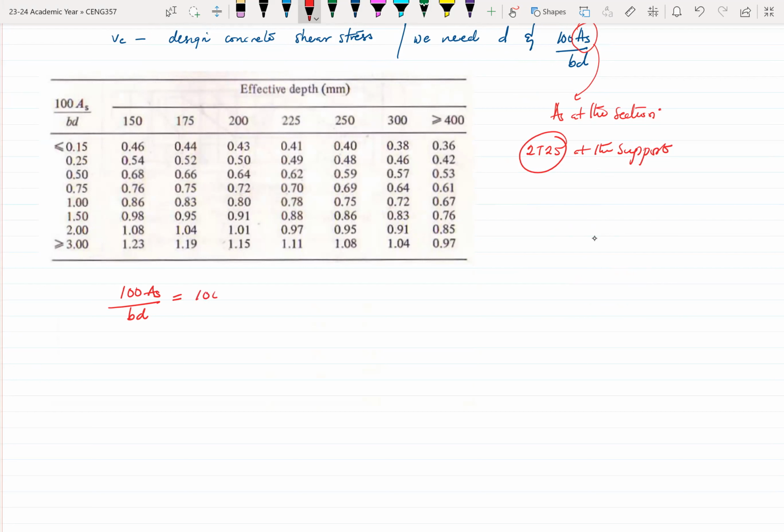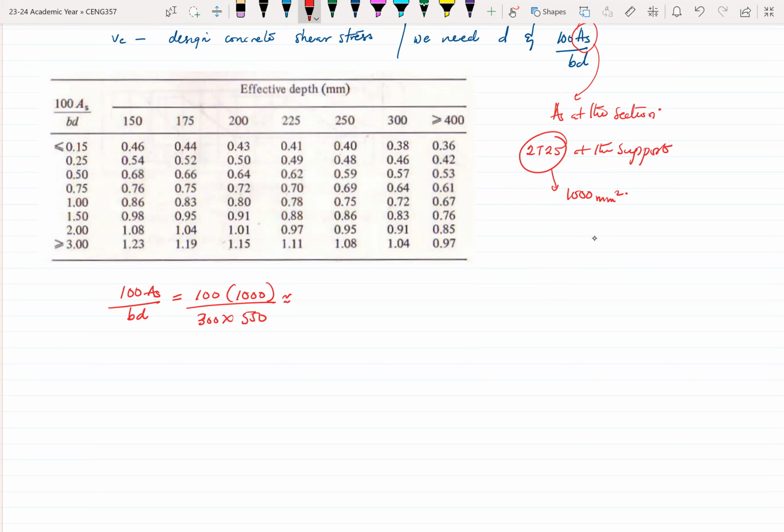So it becomes 100 times 1,000. These two T will give me 1,000 millimeter squared, over B, where B is 300, times a D of 550.